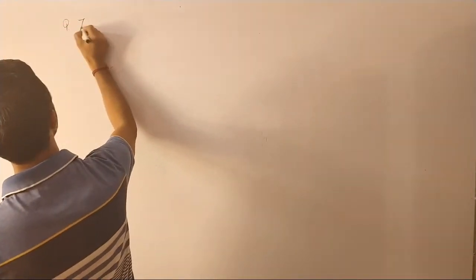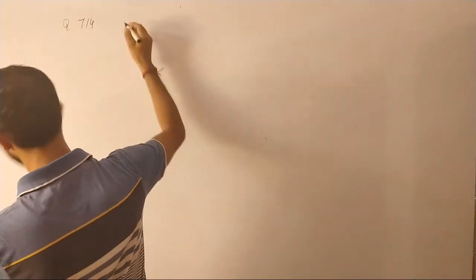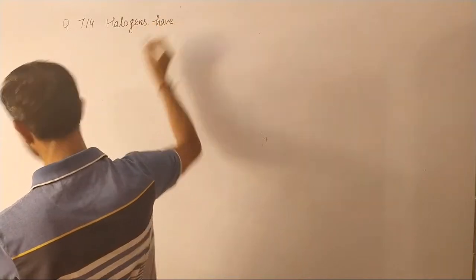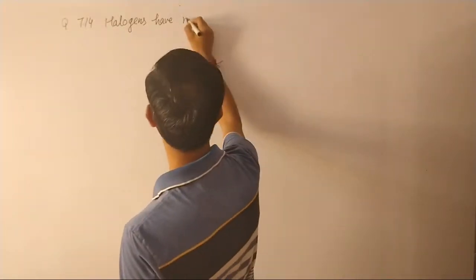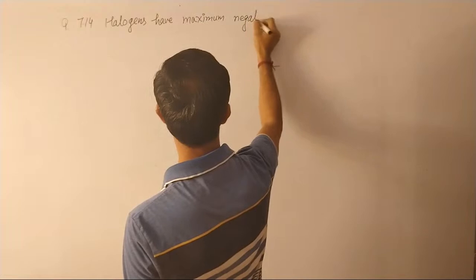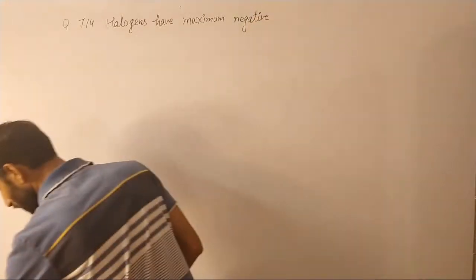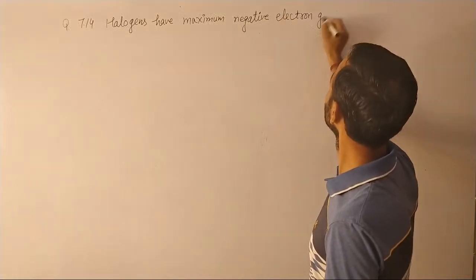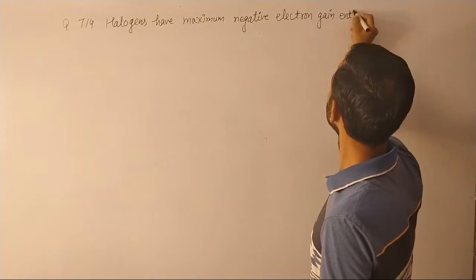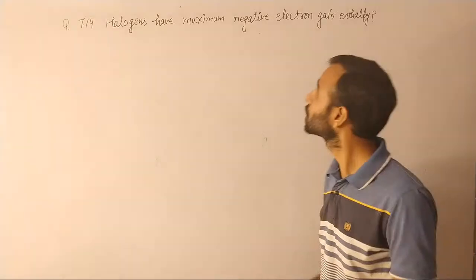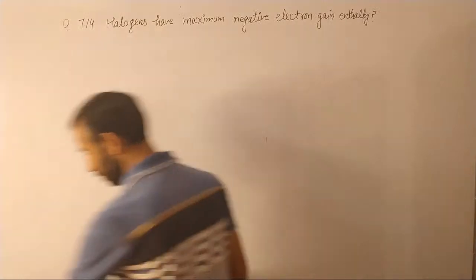Okay, next question is: halogens have maximum negative electron gain enthalpy.